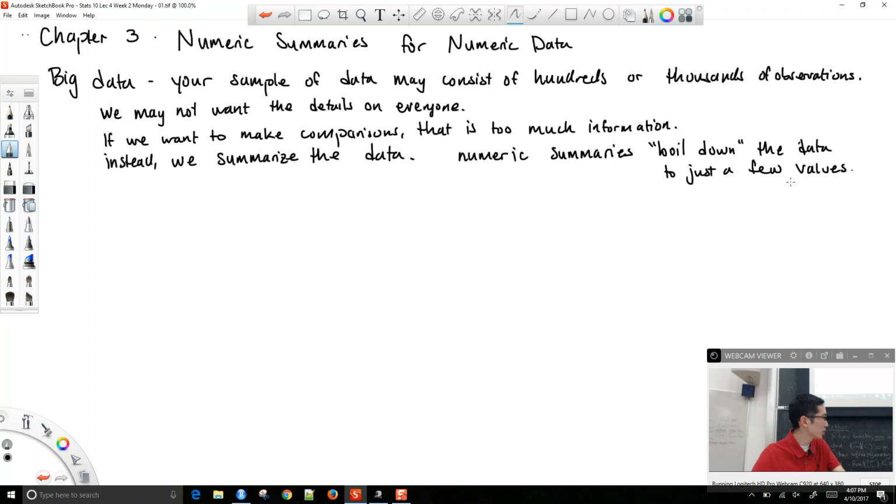So in college, you're very familiar with the numeric summary known as your GPA. Okay, the GPA is a single value that is supposed to summarize your entire academic career and performance. Okay, or at least in college.